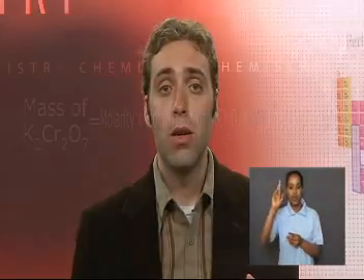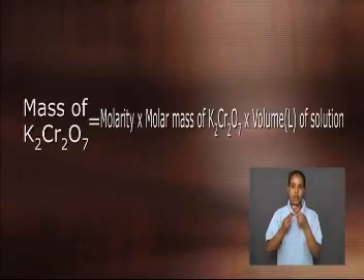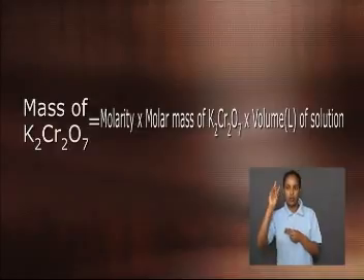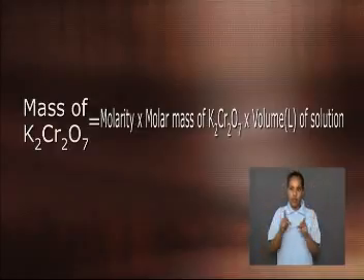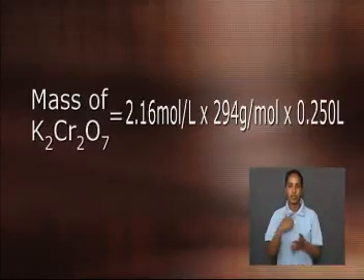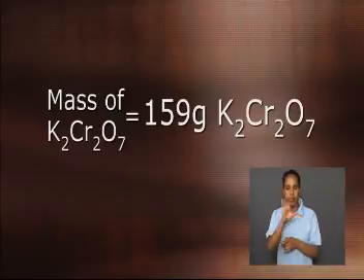In order to find the mass of potassium dichromate, we need to multiply the molarity by the molar mass of potassium dichromate by the volume of the solution in liters. This gives us the answer 159 grams of potassium dichromate.